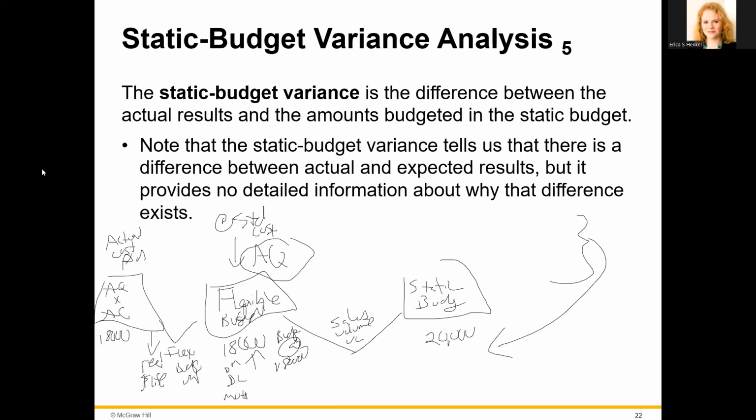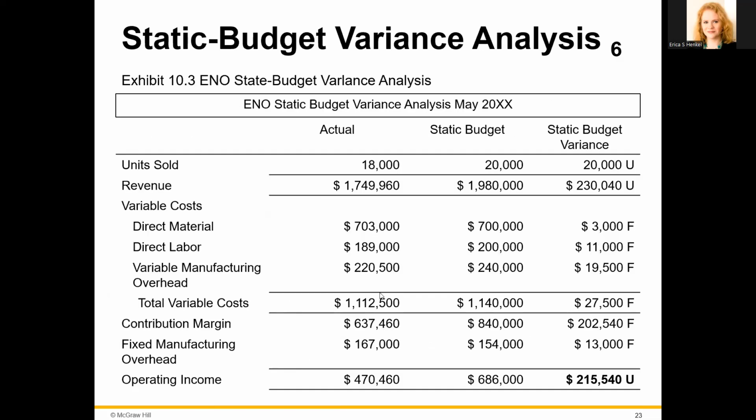On the next slide, they're breaking out what that static budget variance looks like. So instead of selling 18,000, instead of selling 20,000 units, here are their budgetary amounts for revenues. I think they said $99 for 20,000 units, so they multiplied out that revenue times $99. And then direct materials, I think it was $35 times 20,000.